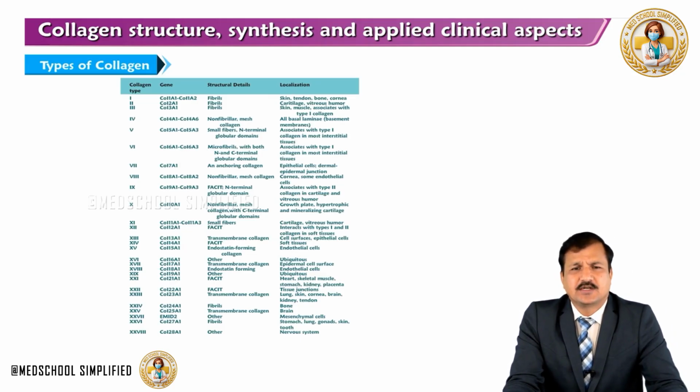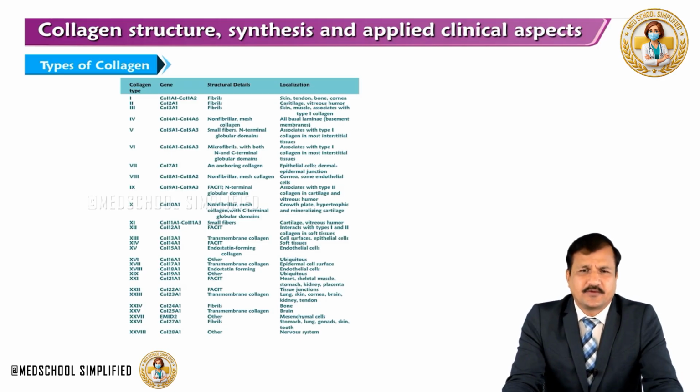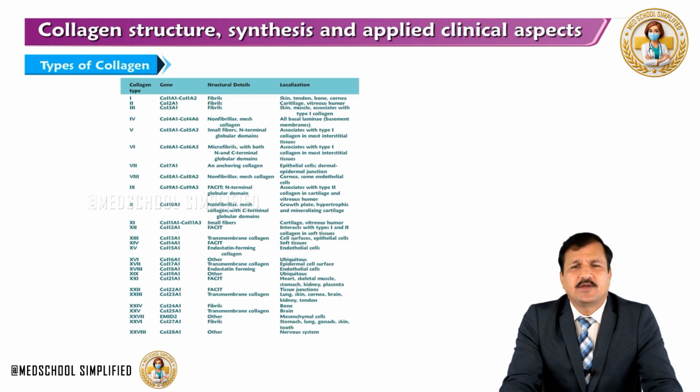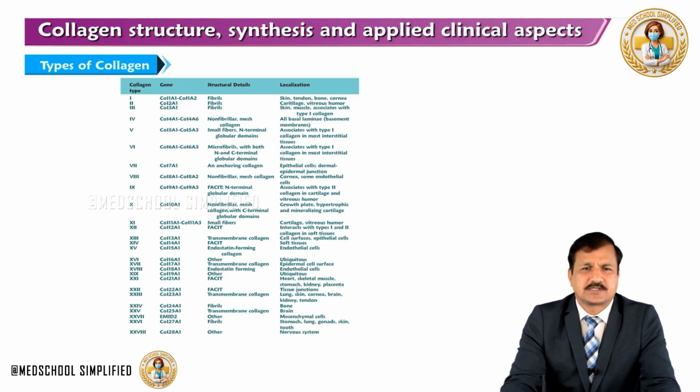It will be difficult to memorize everything from this table, but it is a reference, because as we move on in this lecture, I will be explaining the biosynthesis of collagen, some of the important types of collagen and their locations, and the clinical aspects.